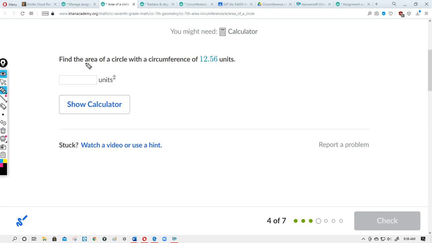Here they want to find the area of the circle with circumference of 12.56. Remember for area, area equals pi r squared, and for area you need the radius r. So we need to find the radius from the circumference. We remember last time that circumference equals 2 pi r.